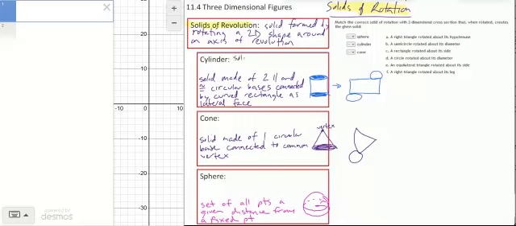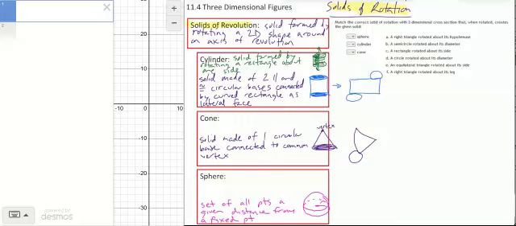A cylinder can be thought of as a solid formed by rotating a rectangle about one of its sides. If we took a rectangle right here and rotated it about one of its sides, so it rotated and came back and formed that solid, you would see that it forms this cylinder.